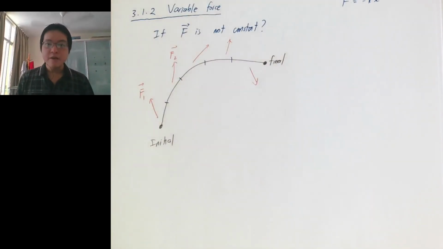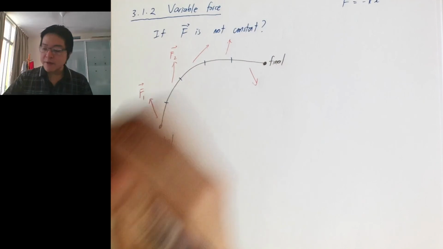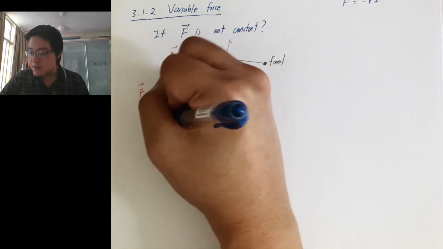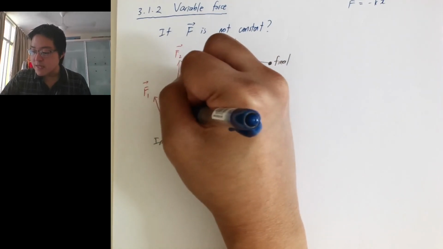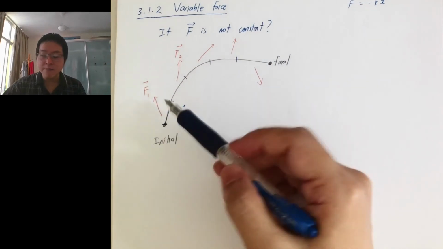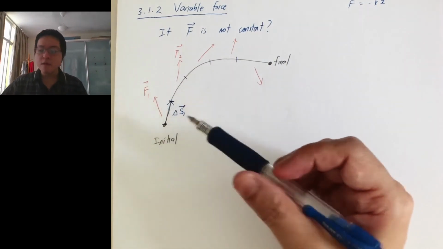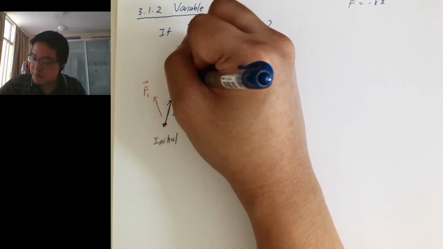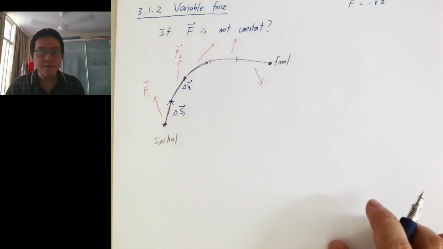Okay, so if it's not constant, then what you can do is separate this into small pieces. Let's look at the first piece, the displacement from here to here, S1. If this is a small enough displacement, then my force is approximately constant. Over here, for this displacement, it is also approximately constant, and so is this one.